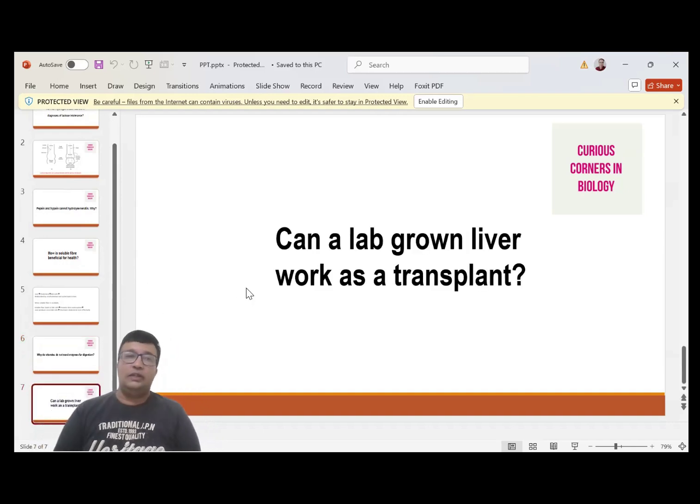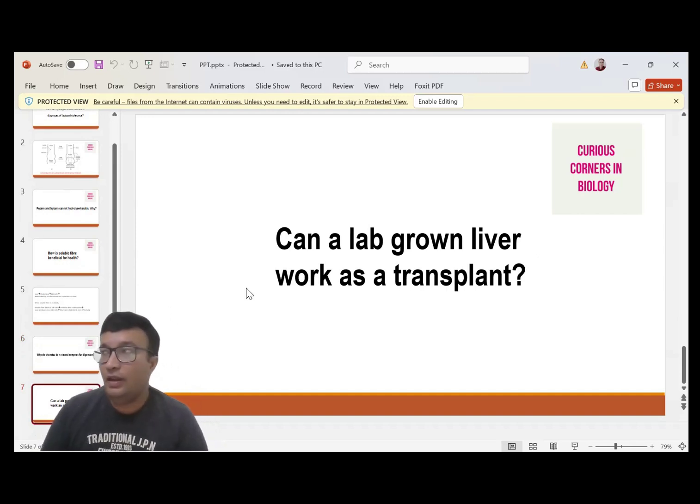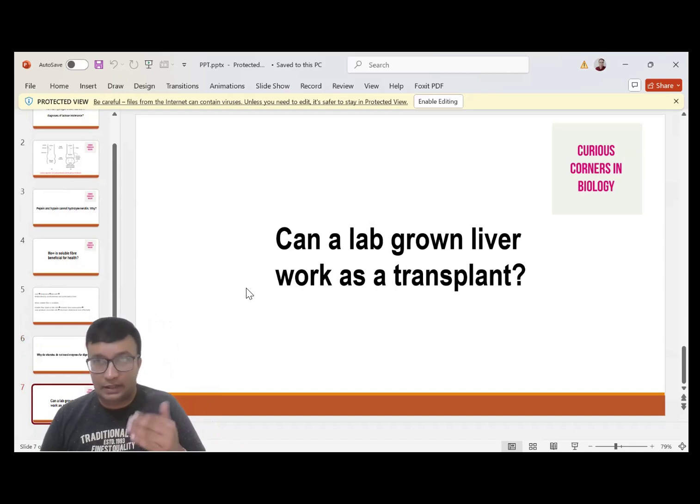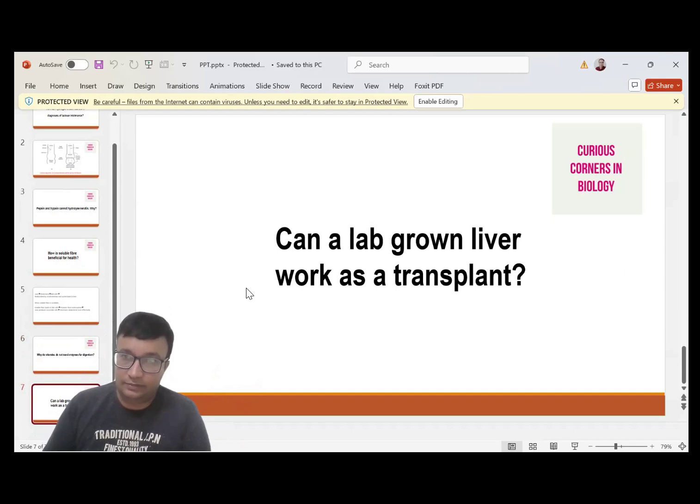The next question which I would like to discuss is, first of all, can we grow a liver, a whole organ, in a lab? Is it possible? And if it is possible, to what extent? And if we are successful in that, where would we use the liver?